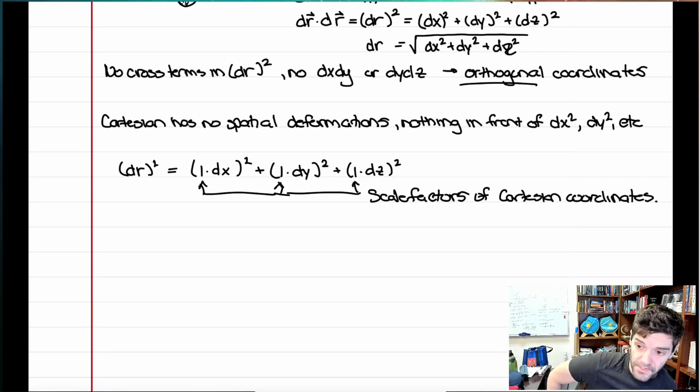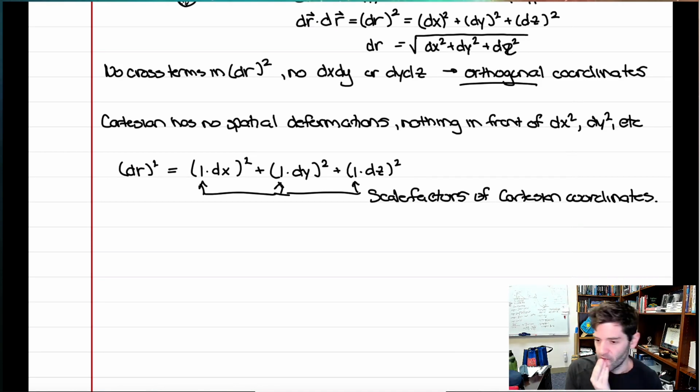And again, Cartesian coordinates is relatively simple. There's no deformation that you have to worry about as you move in every dimension. Just to jump ahead a little bit, that is different for, say, polar coordinates, where if you move a little bit in the radial direction, that's fine. But if you move a little bit in the theta direction, how far you move, if my finger is here, is smaller than the distance I move for the same delta theta when I'm at the tip of the pen.